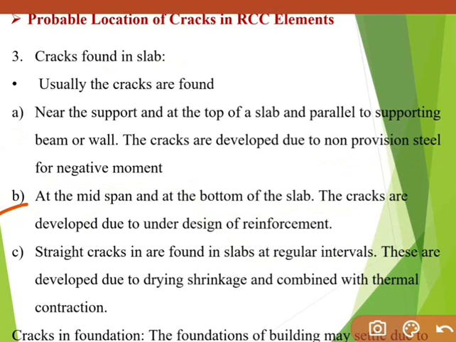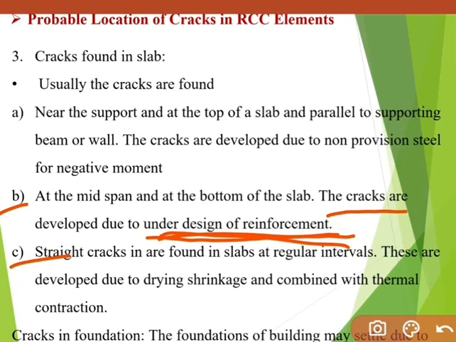At the midspan and at the bottom of the slab, sometimes cracks are observed at the center. These cracks are developed because of under design of reinforcement. Under design of reinforcement means insufficient provision of steel bars.